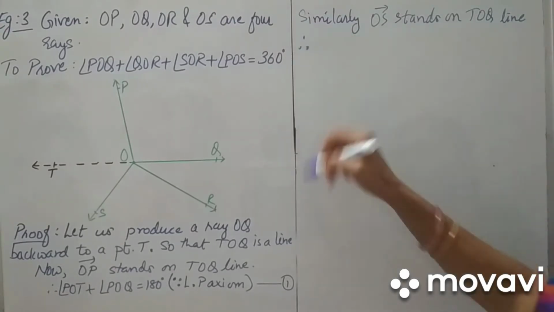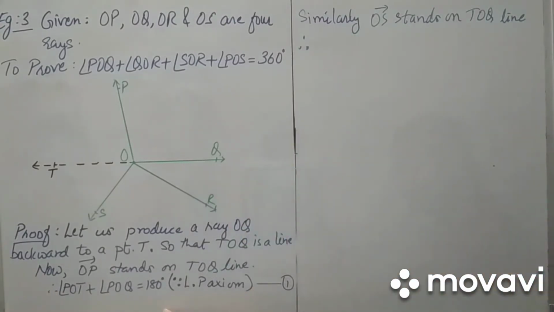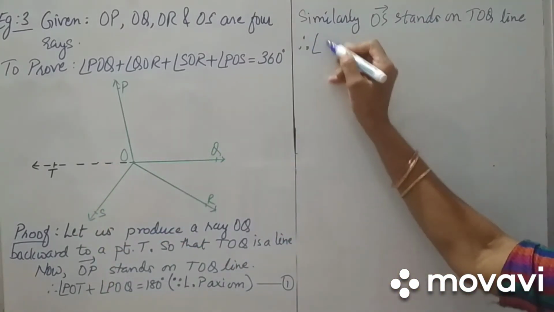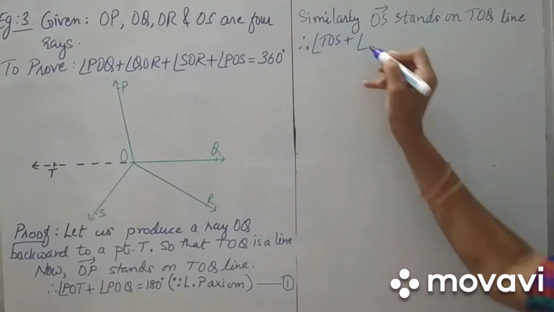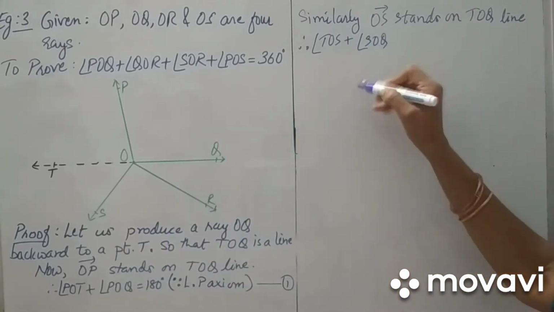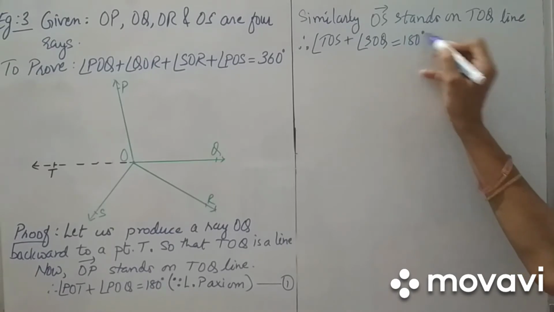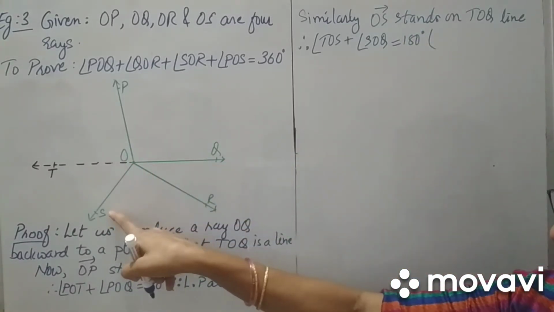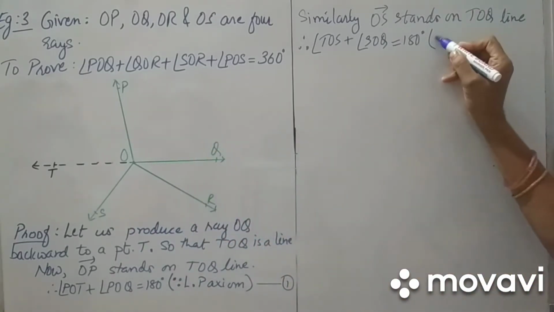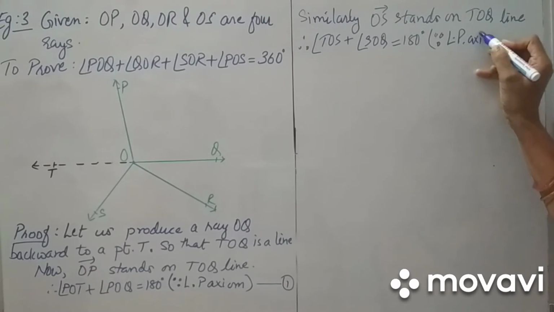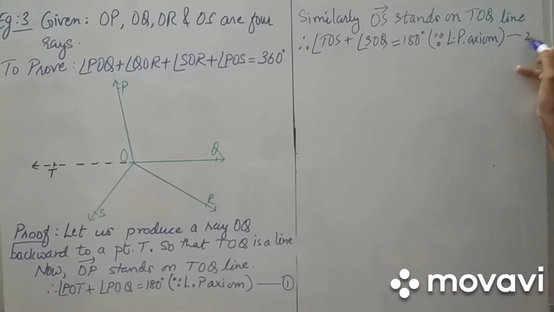So once again, we can write it like this also: angle TOS plus QOS, or SOQ, is equal to 180 degrees. Both ways you can write it, QOS or SOQ, that will be the same only. Same reason, linear pair axiom, and write it as 2.